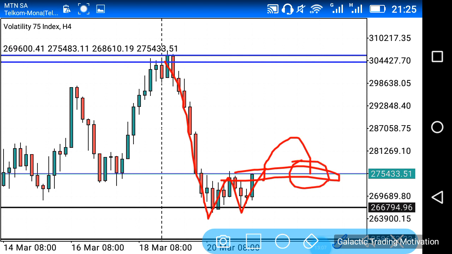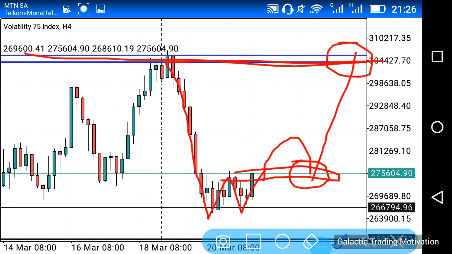And our take profit should be this level over here, which is, guys, remember, the neckline of that inverted head and shoulders pattern that we have on the daily chart, and it's also a very strong level of resistance because we've had multiple rejections at that level.